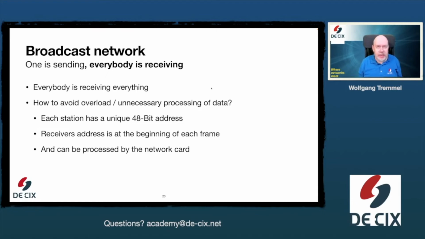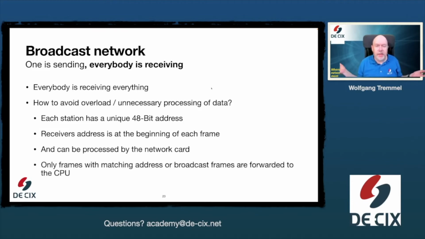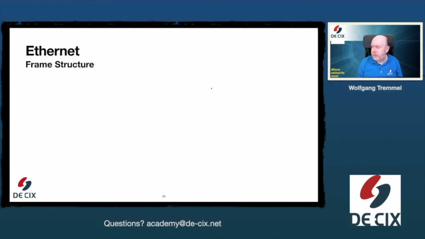If your network card detects this frame is not for me, it can simply throw it away without bothering the CPU. So this keeps CPU load low, and it works. So only frames with a matching address or broadcast frames are forwarded to the CPU.